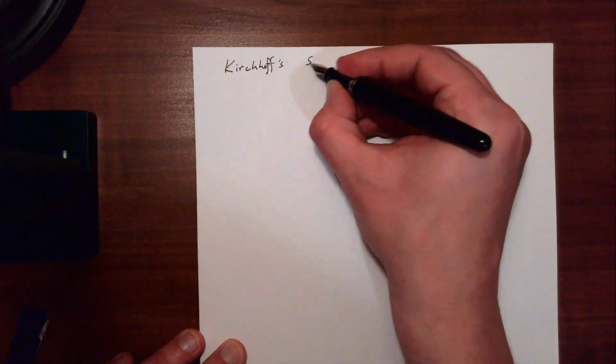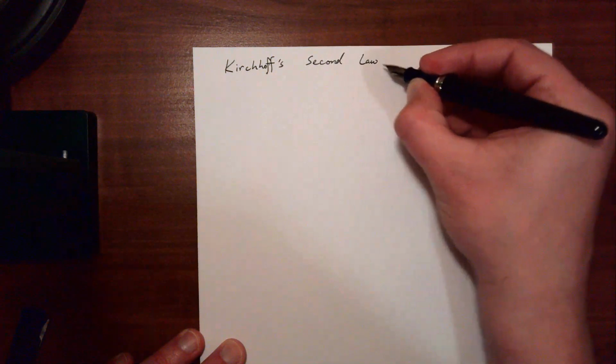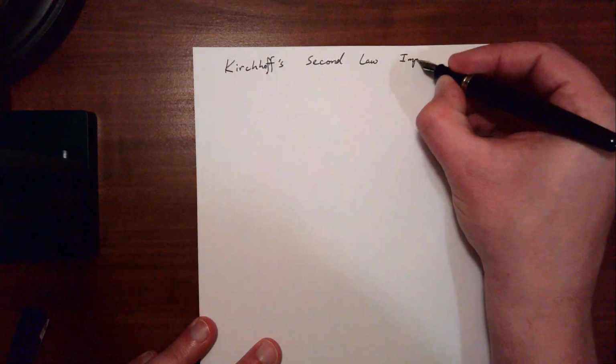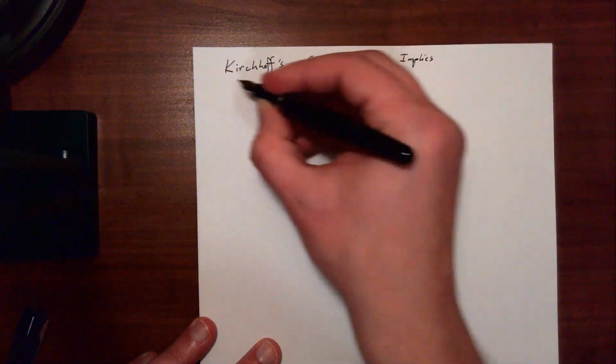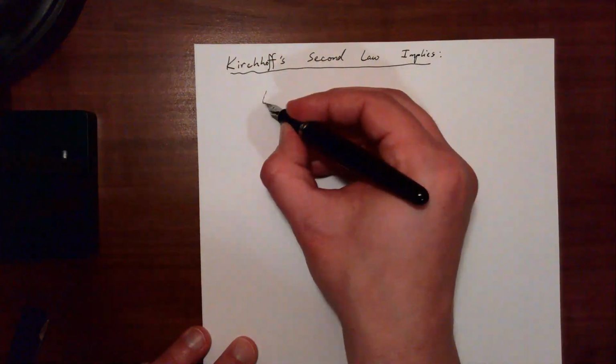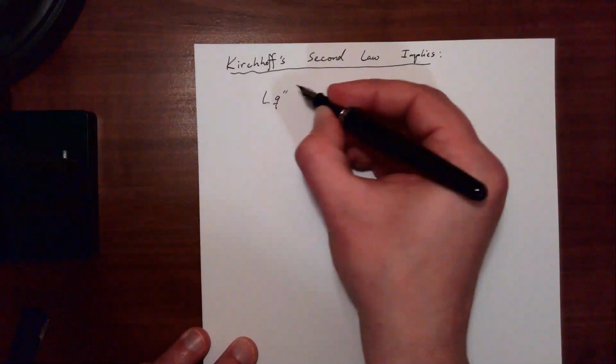In particular, it implies that L times Q double prime of t.